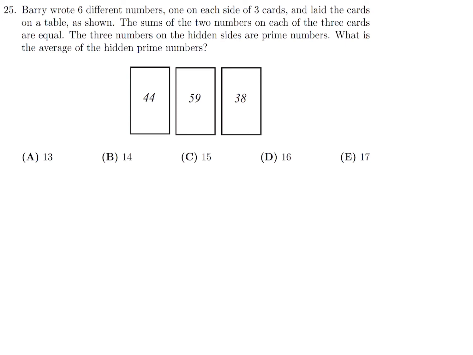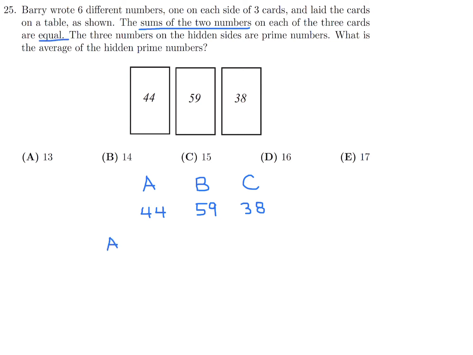Well, we've got A, B, and C. I'll let those represent our prime numbers. And on the other side, they've given us the numbers 44, 59, and 38. Correct? Now, they give us an important clue that the sums of the 2 numbers are equal.